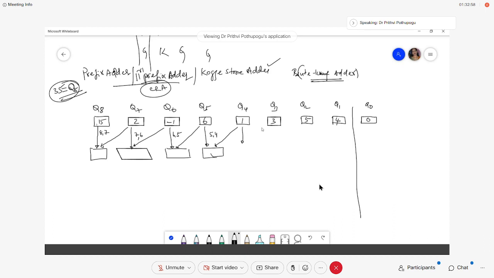This will be storing 4, 3 value. This stores 3, 2 value. This will be storing 2, 1 value. This will be storing 1, 0 value.